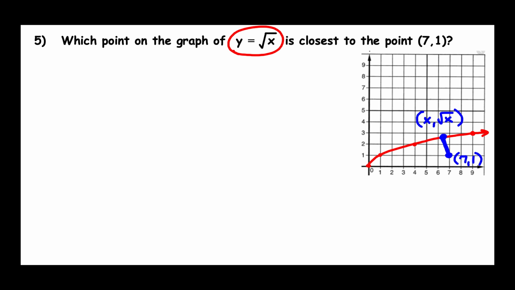Let's go ahead and make a formula from geometry. And actually, I think we learned this in algebra. It's the distance formula. Distance between two points is a big square root of (x2 minus x1) squared plus (y2 minus y1) squared.